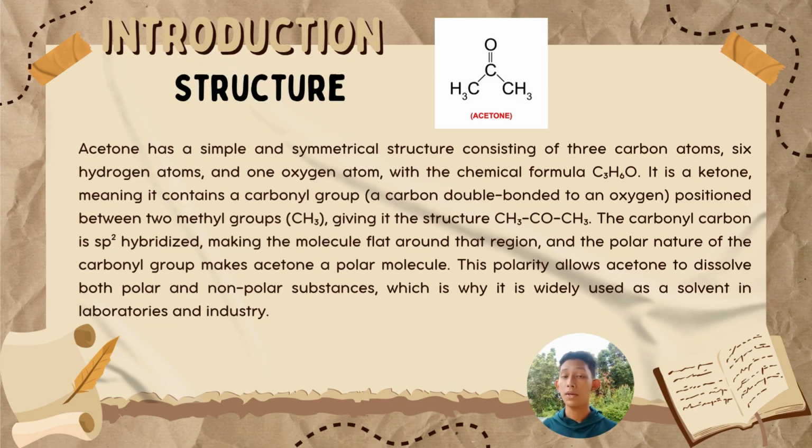It is a ketone, meaning it contains a carbonyl group, a carbon double bonded to an oxygen, positioned in between two methyl groups CH3, giving it the structure CH3COCH3. The carbonyl carbon is sp2 hybridized, making the molecule flat around that region, and the polar nature of the carbonyl group makes acetone a polar molecule. This polarity allows acetone to dissolve both polar and non-polar substances, which is why it is widely used as a solvent in laboratory and industry.